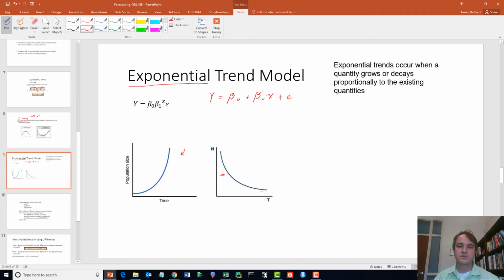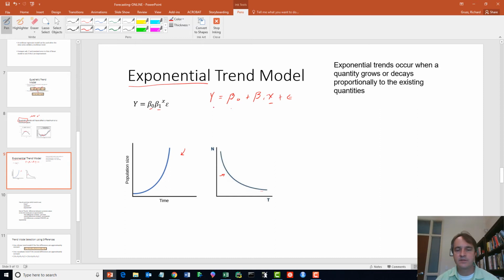So this was a line. But this is something that looks quite different, and this is not something that you can feed into Excel or any kind of regression software, but you can transform your variables so that you do have something that looks like a line that you can fit in there.